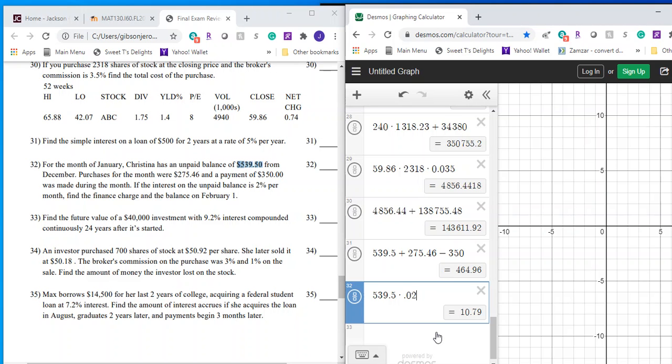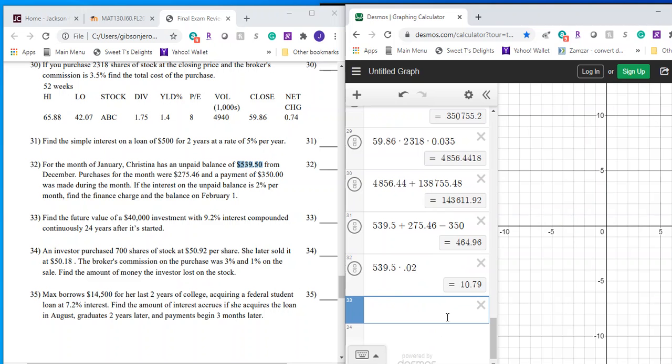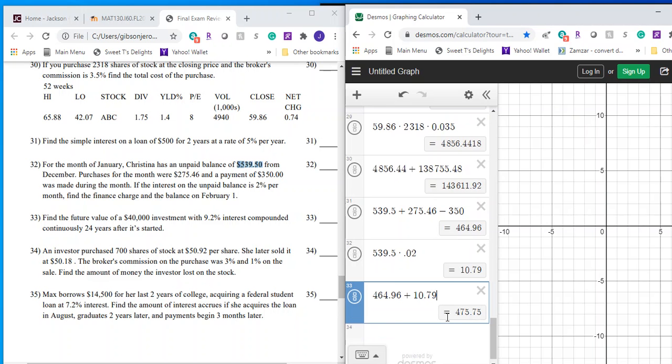And we're going to take that and add it to the $464.96. And that will be our new balance for the next month. So it'll be $475.75. And that will be your final answer.